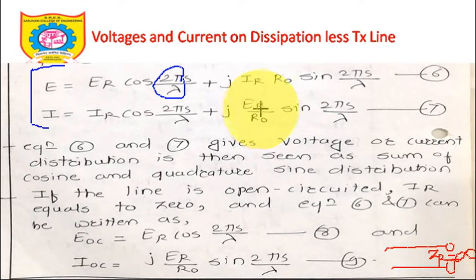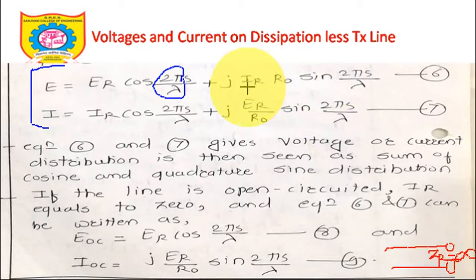So if I put Zr equal to infinity, since there is no question of current flowing through it, Ir will become equal to 0.